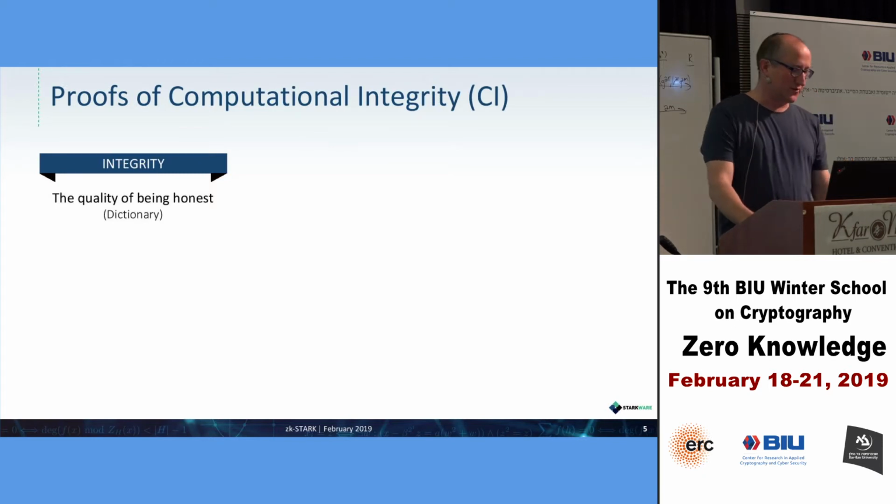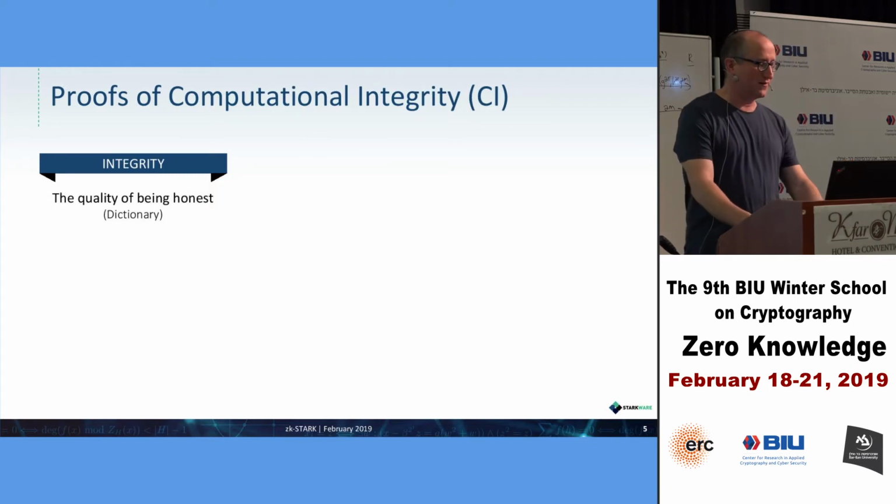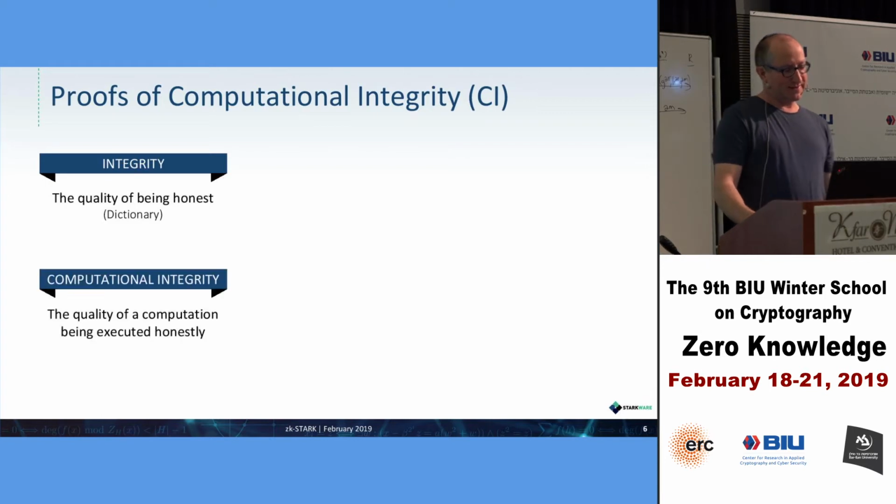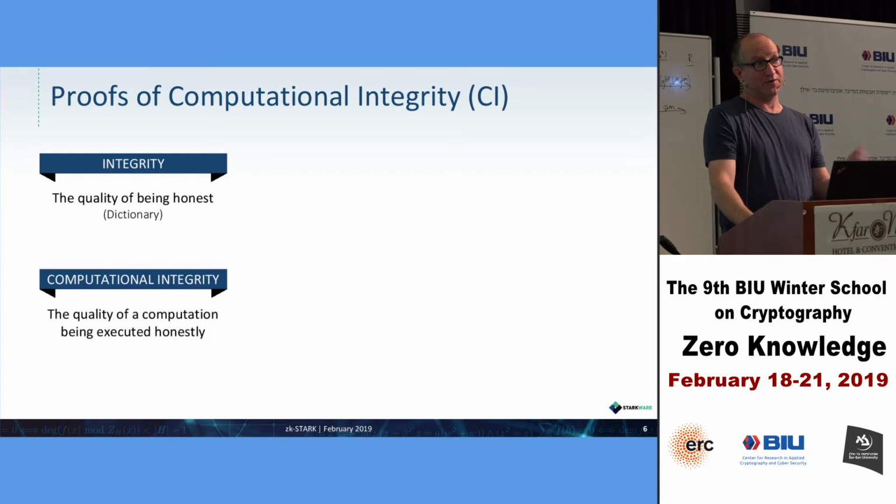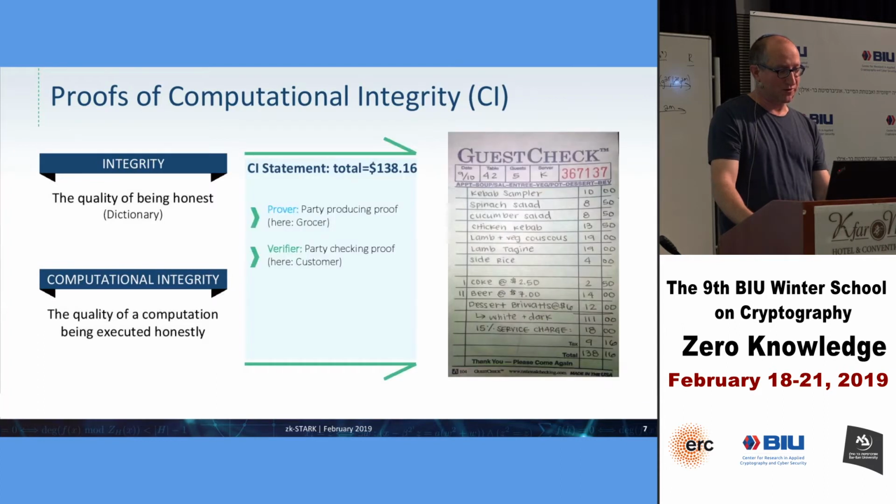Integrity in the dictionary is defined to be the quality of being honest. By extension, computational integrity could be defined as the quality of a computation being executed honestly and correctly. So basically, the proofs we're giving are proofs of computational integrity.